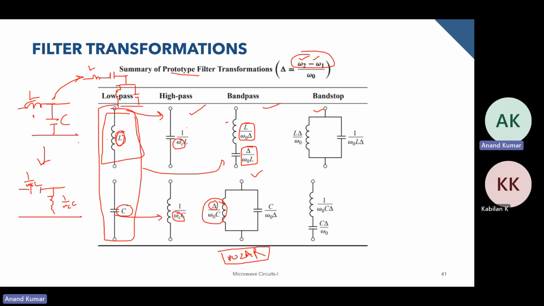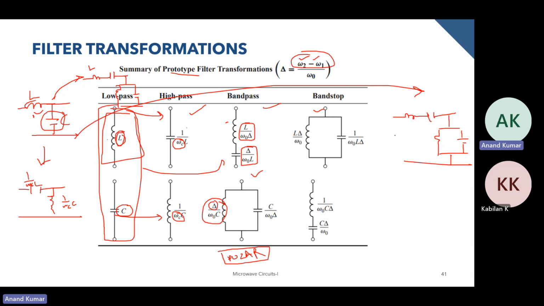Maybe this became a little scribbled over here. If you come over here, you have to replace this inductor, so you replace this inductor by an inductor and series capacitor, and you have to replace this capacitor. To replace this capacitor, we have a shunt inductor and shunt capacitor.